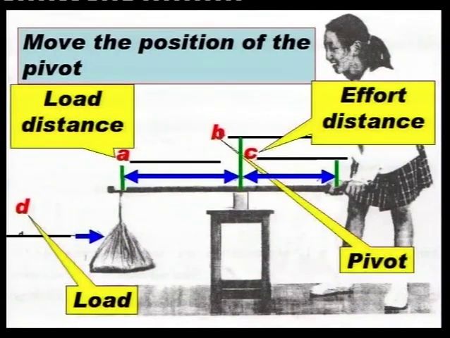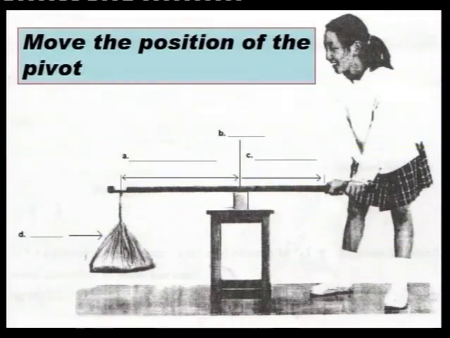Now, let us see the first picture. You can try that out. The first one. Move the position of the pivot. First of all, if you have rulers there, you may use your rulers and put that at the edge of your desks.